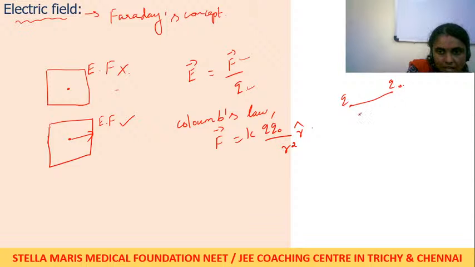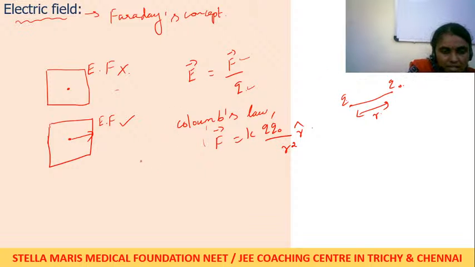The distance between these two particles is r. So I am going to substitute this F vector value here to find out the force experienced by this q due to this q naught.